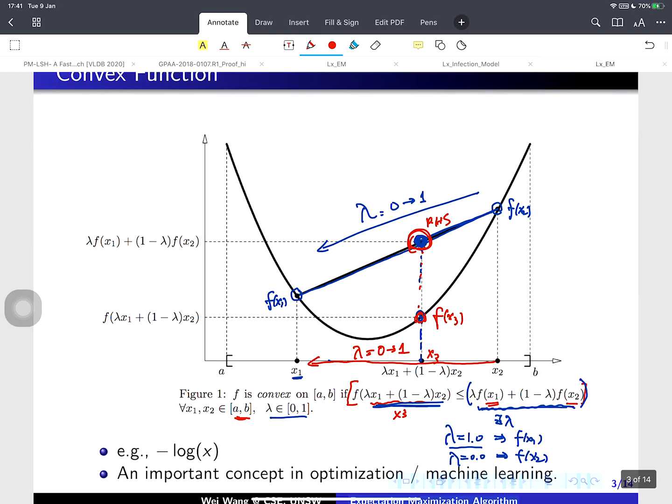So the function value is upper bounded by the two ends. This is kind of similar to the triangle inequality we talked about in the clustering part, where even if I don't observe some of the distances between two objects, as long as I have some partial information, I can derive a bound on the value. Here it's the same thing.